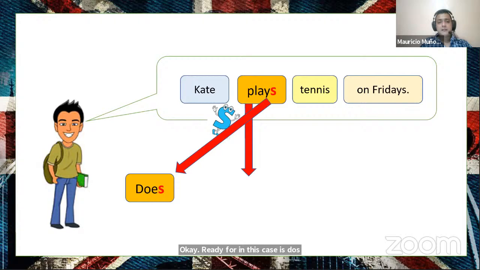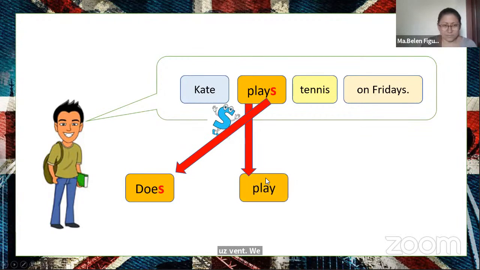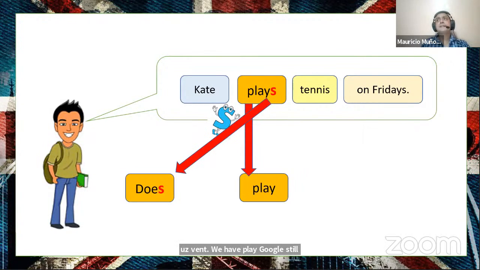You see? Then we have play. Como usted observa, una vez más, tanto en negativos como vimos el día de ayer, recordemos que al momento de expresar una idea negativa en terceras personas, los sufijos desaparecen.